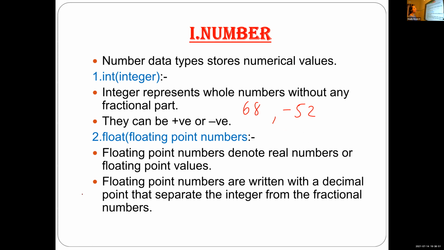Sayujya, give another example for an integer number. Negative 15. Okay, negative 15 is another example of an integer number. So an integer number represents whole numbers without any fractional part, and they can be positive or negative.